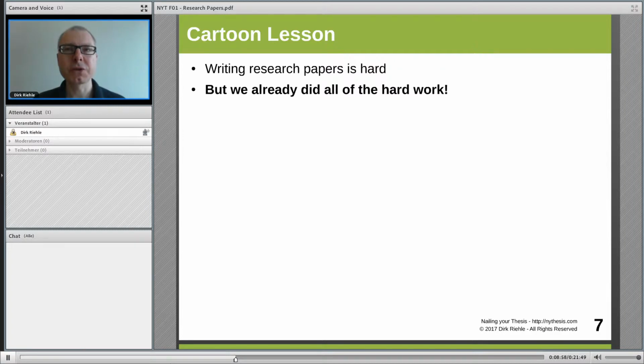So writing research papers is hard because you need to learn how to do it, and it comes with its own funny rules. But the really hard work, the science, you probably already did, or since you're writing the paper, typically after you got some results, you did most of the hard work already.